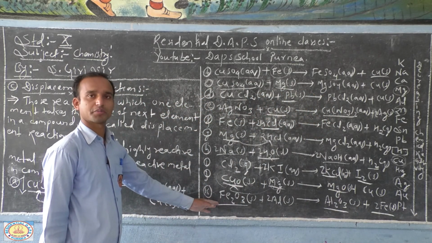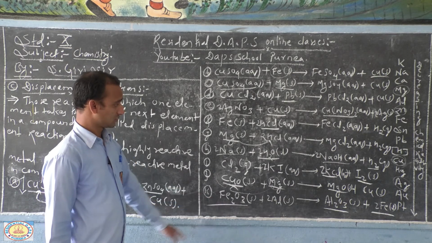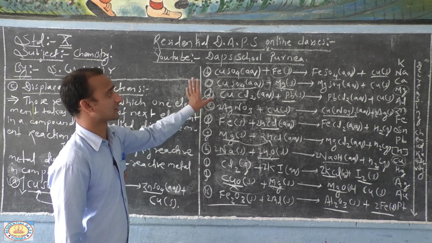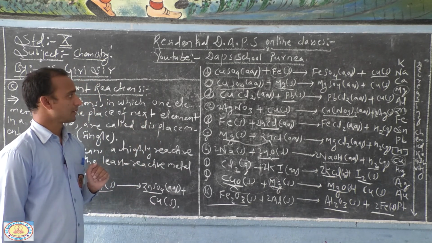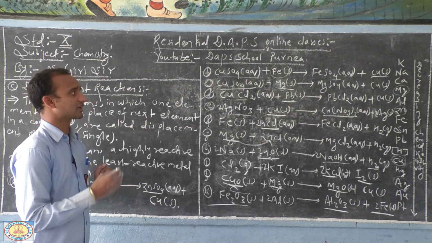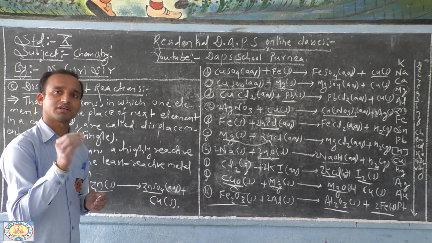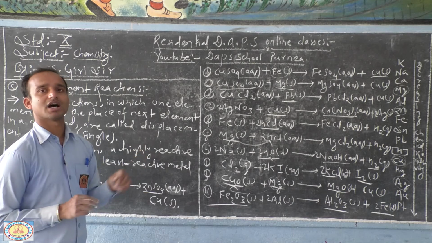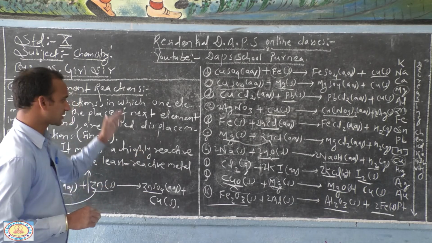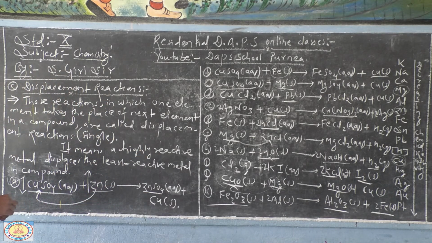This is also an exothermic reaction. So from here we can conclude that when you allow a compound to react with a metal, that metal must be more reactive than the metal present in that particular compound. And here are the examples. Note this down and get it clarified.